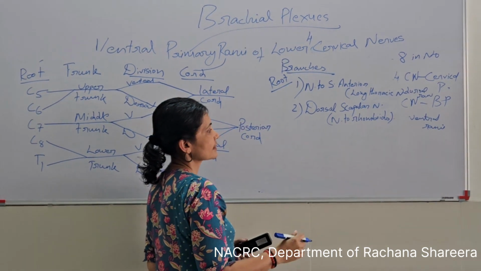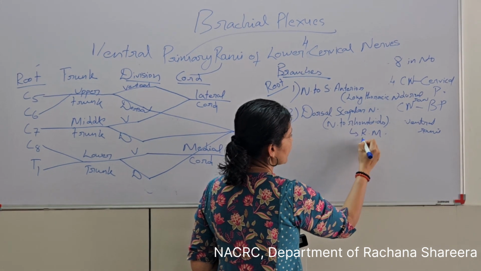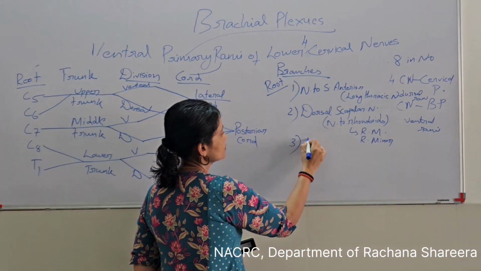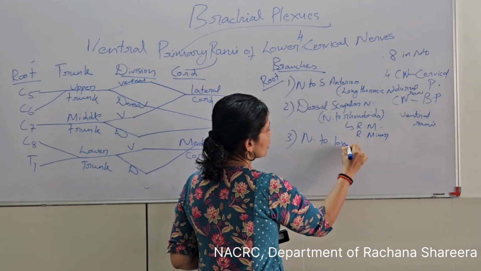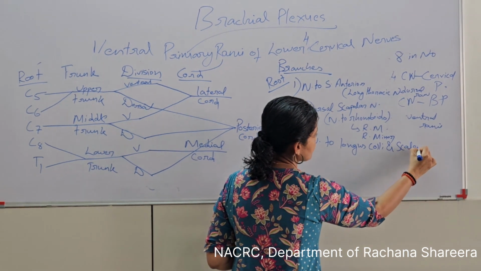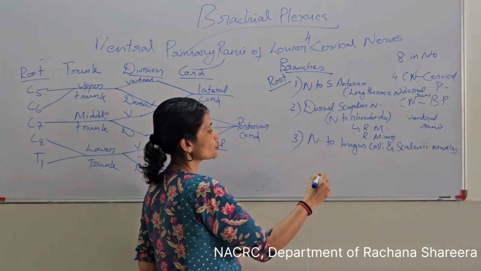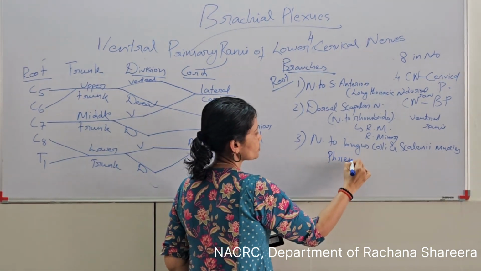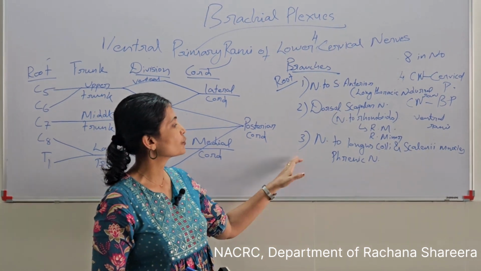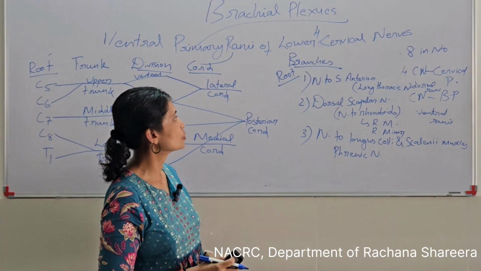From the name itself, we know it supplies rhomboid major and rhomboid minor. Next is the nerve to longus colli and scalene muscles. And also a twig goes to the phrenic nerve. The phrenic nerve is formed from the cervical plexus, but a twig also goes to it. So these are the branches from the root.